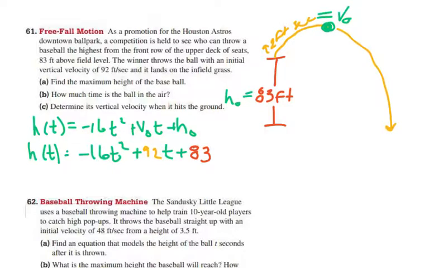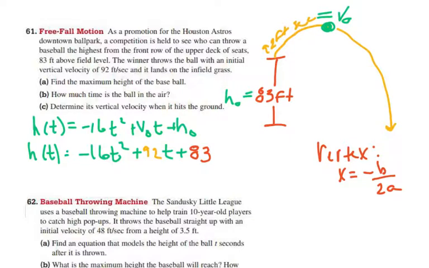Alright, so if we want the maximum height of the baseball, there's a few ways of doing that. Clearly we could graph and find the height, or we could actually just use the formula that we had in the previous problem, which was, in our previous notes, that the x value of the vertex comes from negative b over 2a.